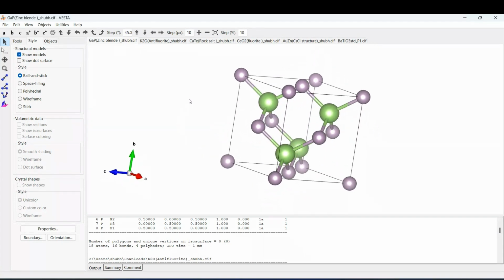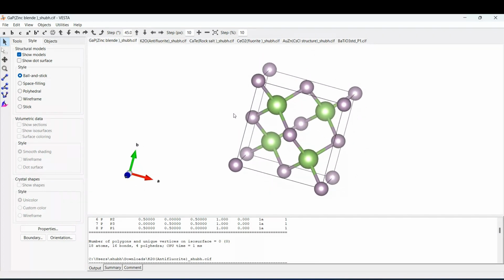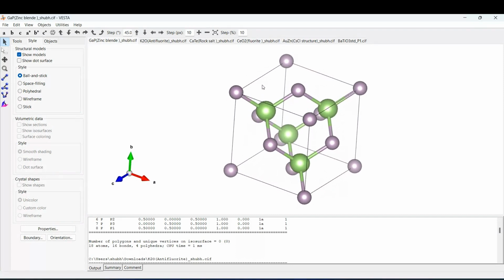The green one denotes the metal, here gallium. Here it is occupied, here it is not occupied. Then here it is occupied, here it is not occupied. So the alternate tetrahedral voids are occupied by gallium, and the phosphorus is forming the FCC.